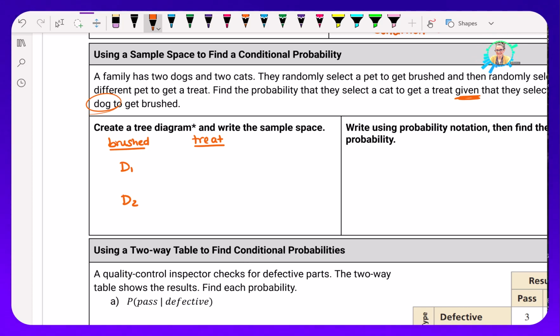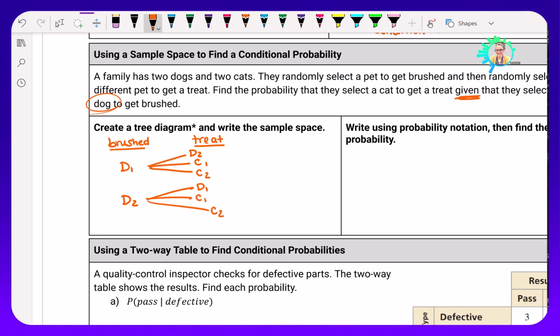So the dog is getting brushed. Now, the second animal cannot be repeated. So I cannot do dog number 1 for a brush and a treat. So I'm going to do dog number 2, and then I have 2 cats, cat 1 and cat 2. Same thing here. I can't repeat dog number 2, so that might be dog number 1, and cat 2.